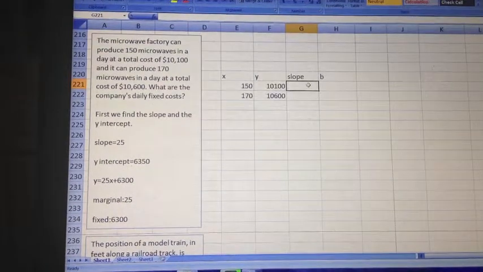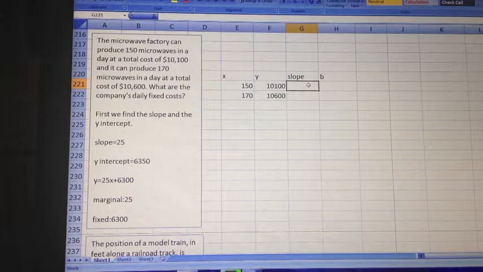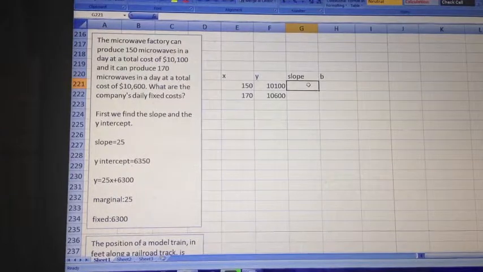Sometimes we will be introduced to a problem like this and we'll have to apply the same concepts. This problem says, the microwave factory can produce 150 microwaves in a day at a total cost of $10,100, and it can produce 170 microwaves in a day at a total cost of $10,600.